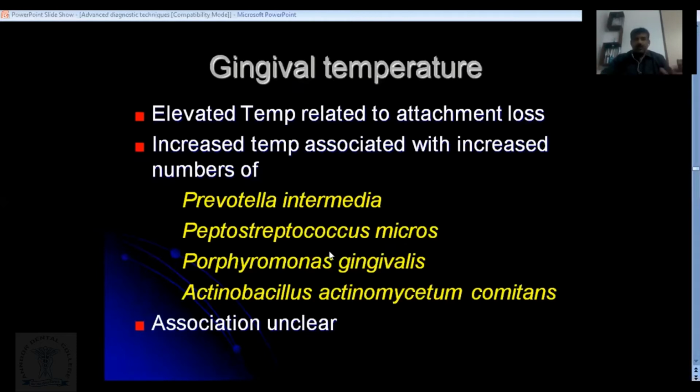The exact association is unclear, but there are a lot of studies which give evidence that whenever temperature is increased, there is attachment loss, and the number of periodontal pathogens also increases.